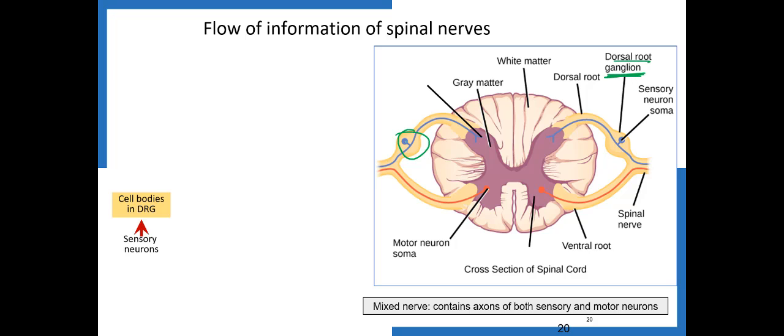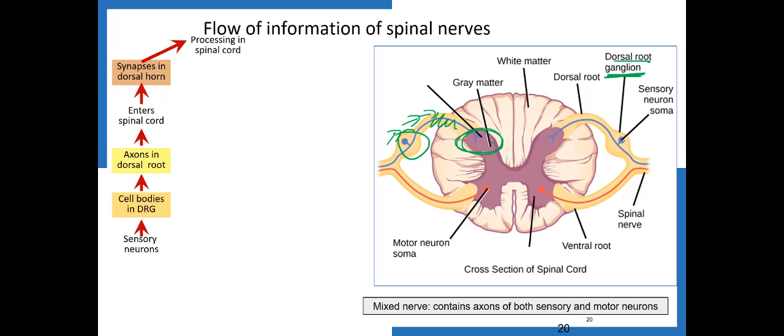It's located in the dorsal root, and the dorsal root contains axons, which send information to the spinal cord. And so it enters into the spinal cord over here, right? Synapses in the dorsal horn, which is right over here.